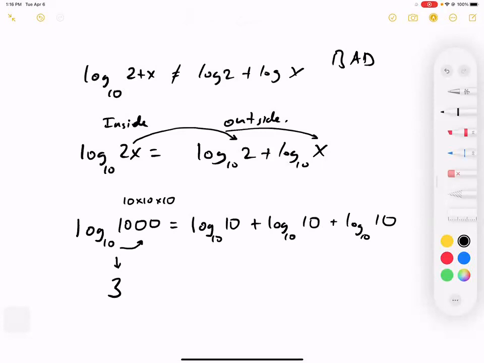And log base 10 of 10, that's 1 plus 1 plus 1, and they're still equivalent statements. Again, it's just for us to play with this rule of adding is multiplying.